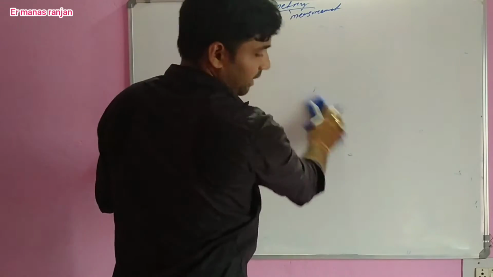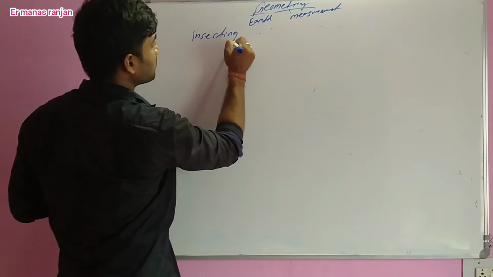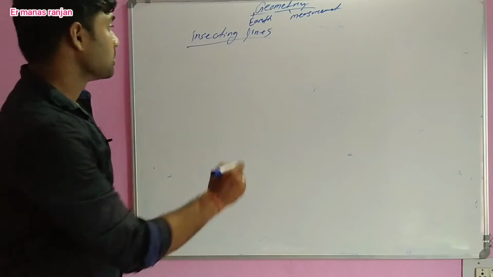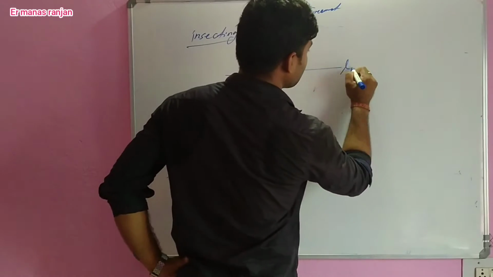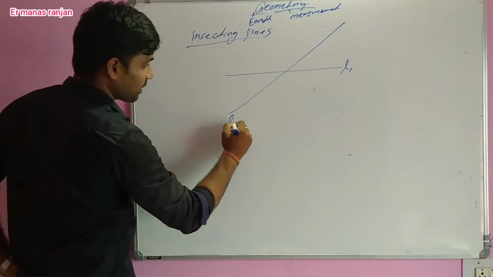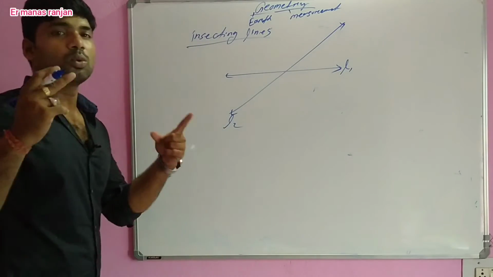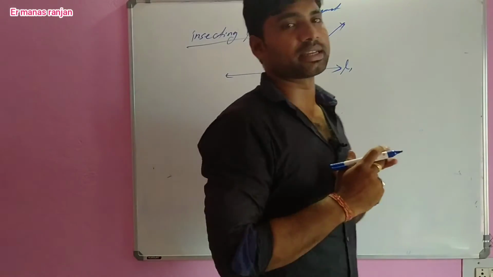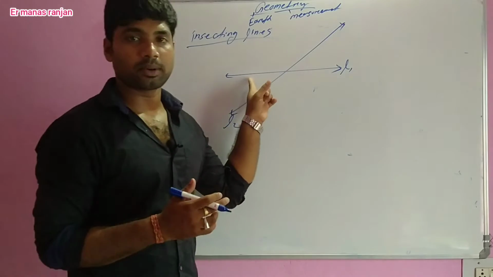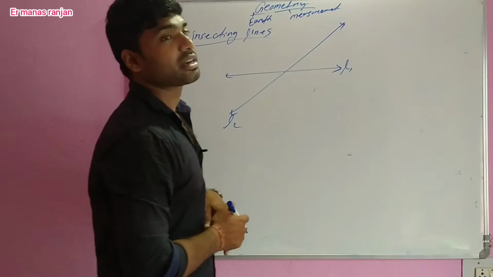What is intersecting lines? Suppose L1 is a line and L2 is a line. If the two lines meet at a point, we can say they are intersecting lines.